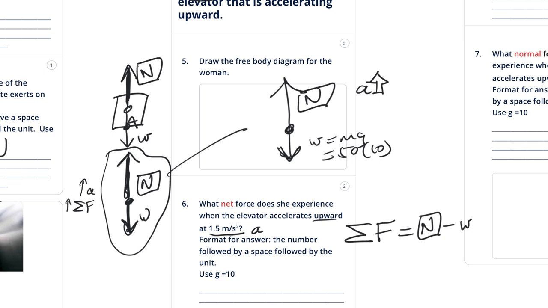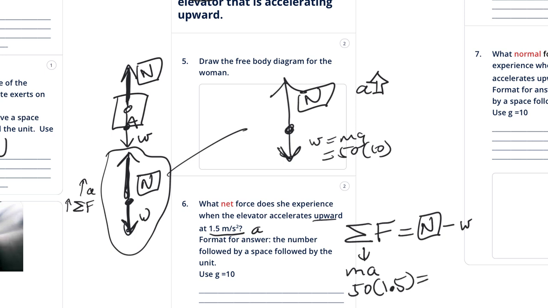So bigger one minus the smaller one is the net force. I also know net force is, by Newton's second law of motion, the mass times the acceleration. The mass is, again, 50, the lady's mass, and the acceleration is 1.5.